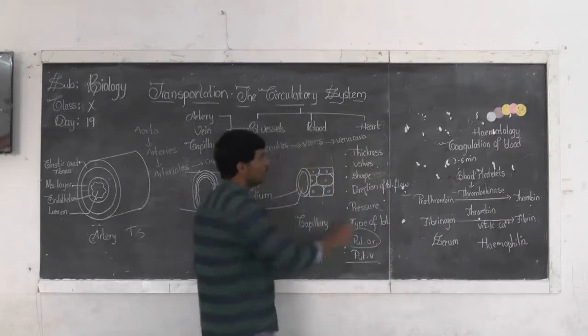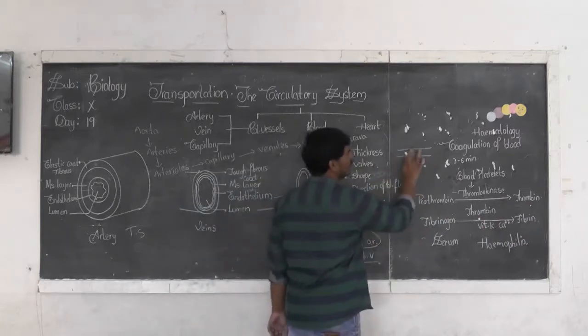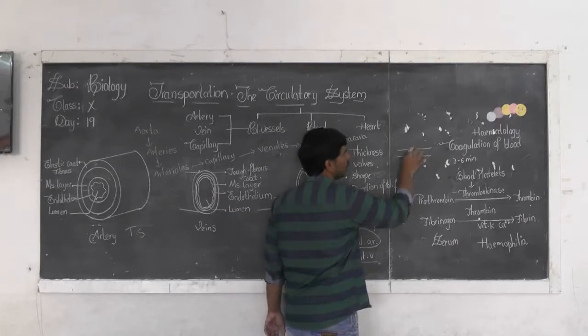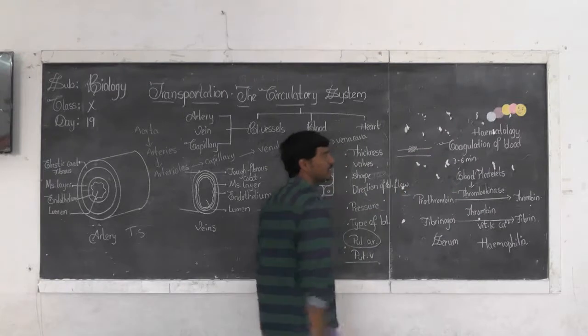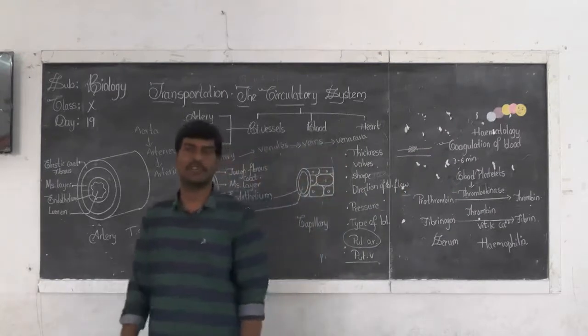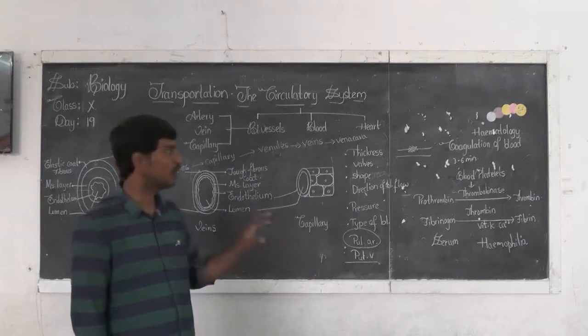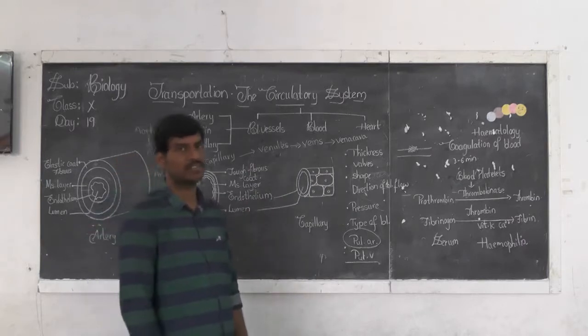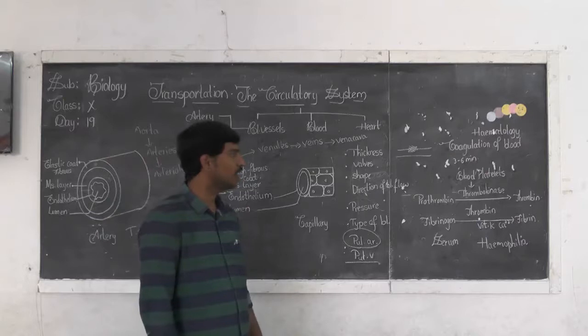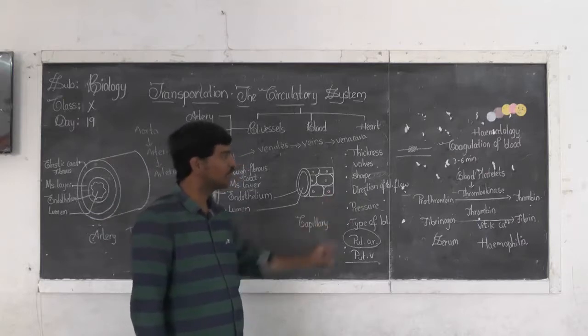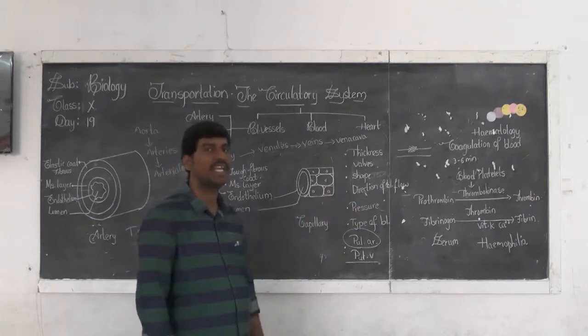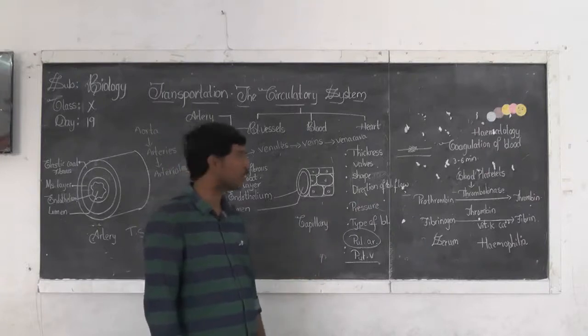So, if this is a ruptured blood vessel, you can look at the fibrin threads. They get entangled, they form a network, a mesh, and they trap the blood cells further. These entangled fibrin threads form the blood clot.